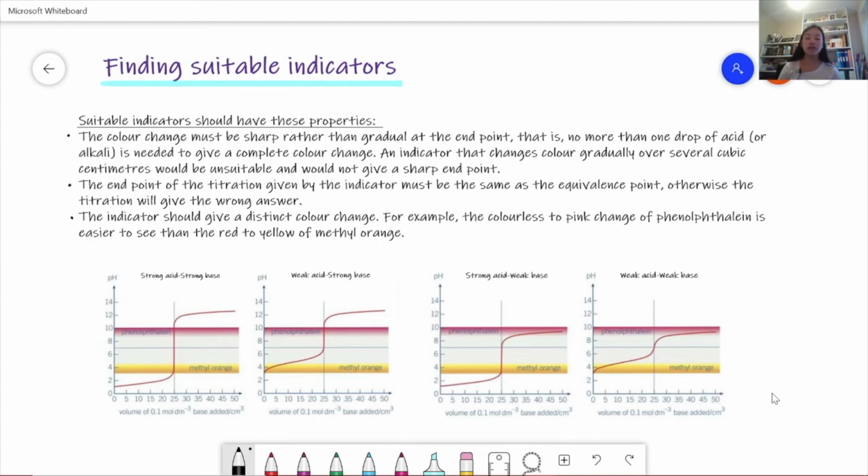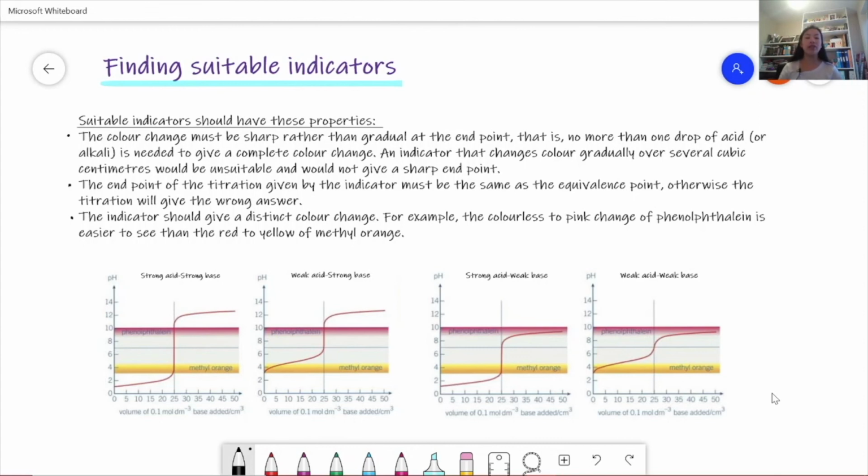For the third curve, between the strong acid and the weak base, the opposite is happening. So methyl orange is more suitable because it changes colour at the right point, compared to phenolphthalein, which changes colour at a pH which is too high. And so when it actually becomes neutral, phenolphthalein won't change colour until it's more alkaline.